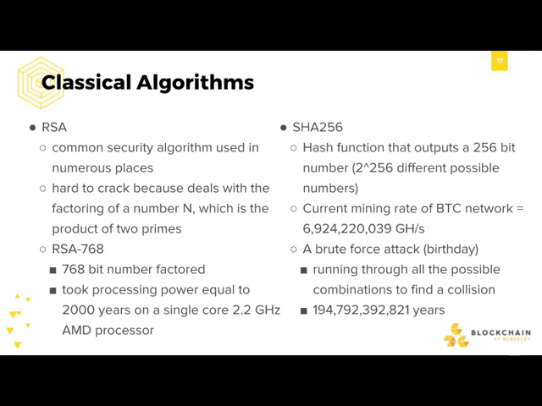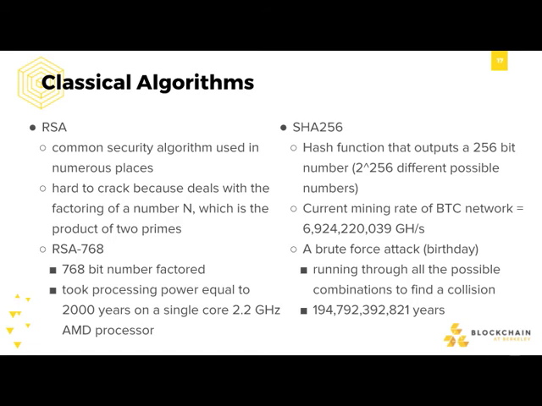To put this in perspective, RSA 768 was a challenge with a 768-bit number, around 240 digits long. It was factored, but it took processing power equal to about 2,000 years on a single core 2.2 gigahertz AMD processor. That's just a 768-bit number, and if you increase the key size to over 2,000 bits, it becomes seemingly impossible with classical computers.